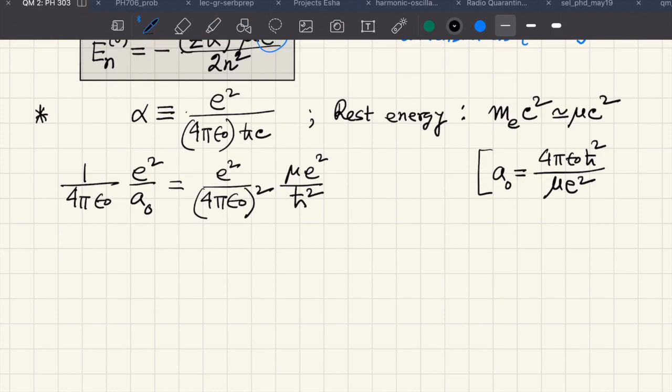But what is this? This is nothing but exactly mu, and then you note this e to the power 4 by 4 pi epsilon naught square h cross square.